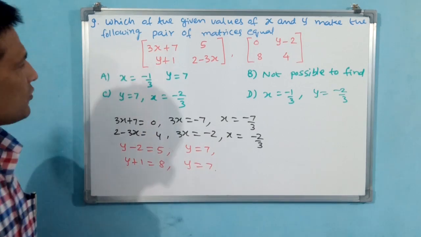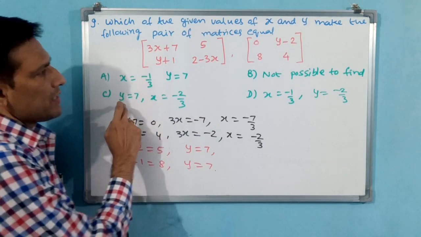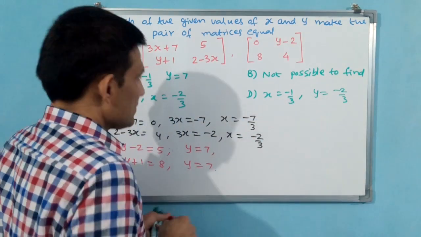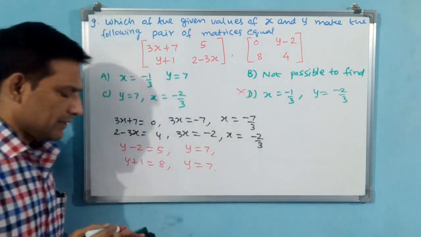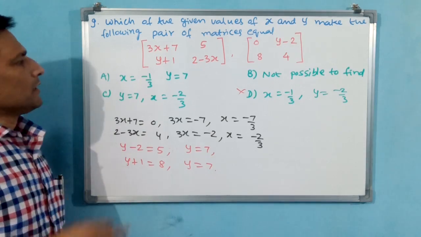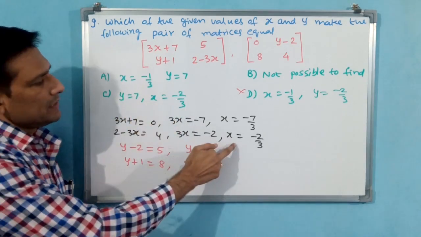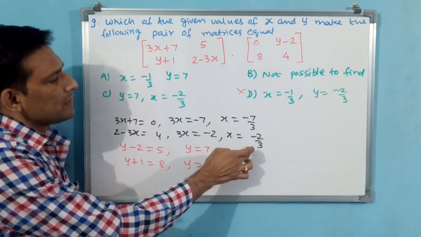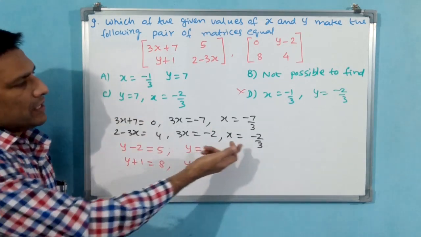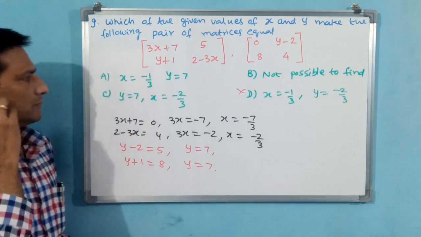That means y should be 7. See, this is not the answer. Now you see, y is equal to 7, but x is equal to minus 2 by 3. Shall we take this one? No. Why? Because two values have come for x.